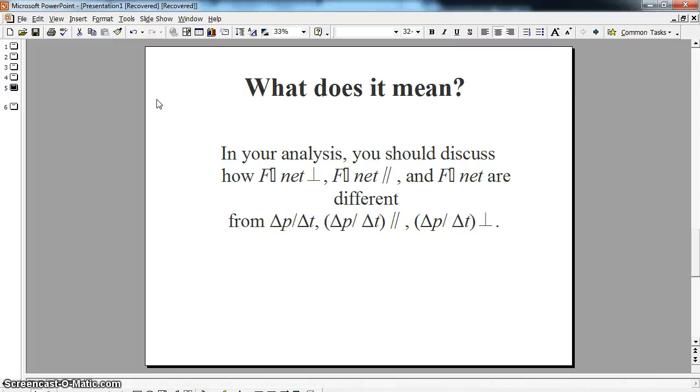It turns out they shouldn't be different, because F net, as Newton's second law states, is equal to delta P over delta T. Perhaps since we're only taking into consideration one force acting, we're not taking into consideration perhaps some electromagnetic fields, but still, for this experiment, F net is equal to delta P over delta T.